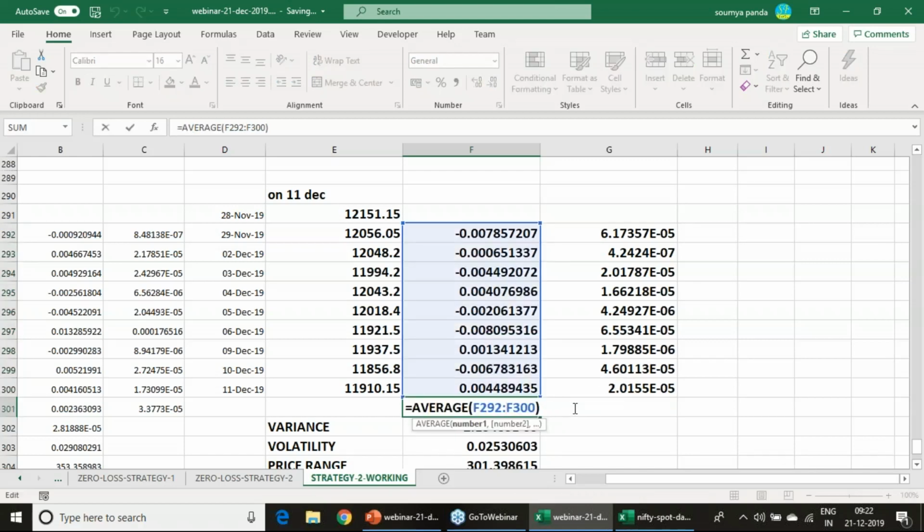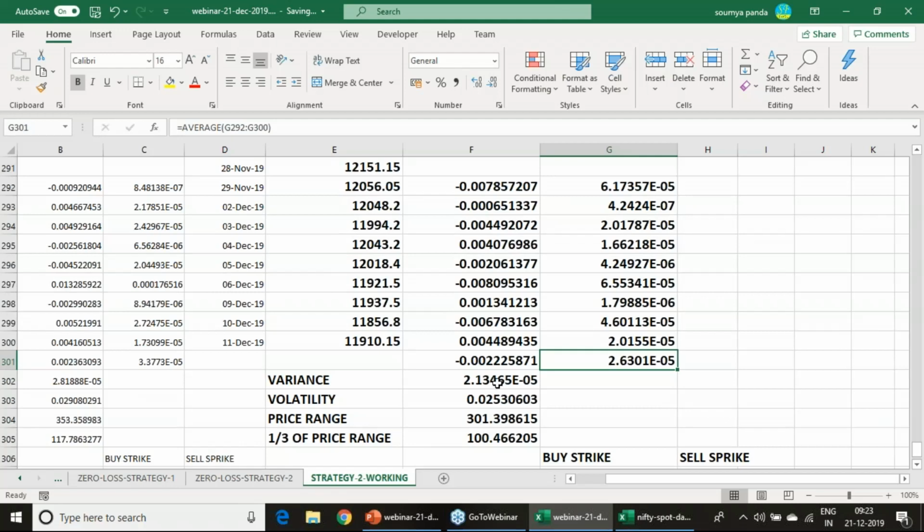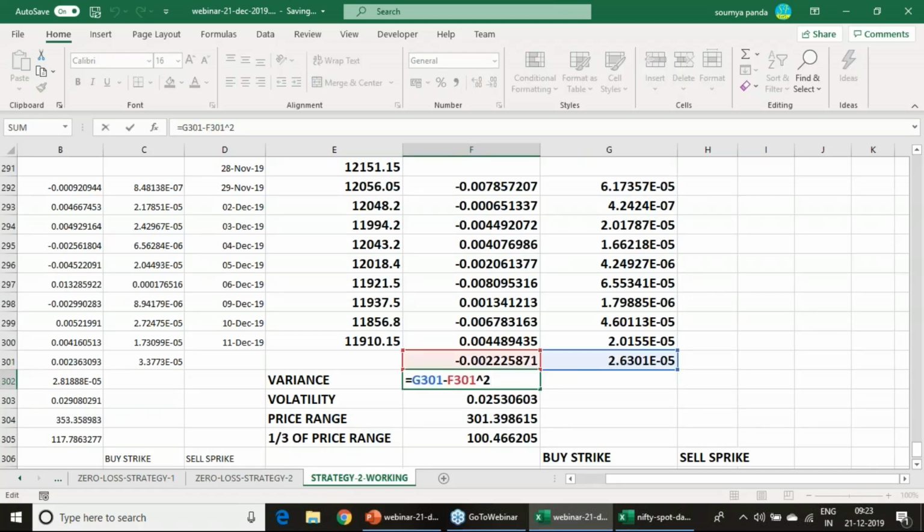Then I took the average of the squared logarithm values. I am calculating the variance from the square average minus the average square. Variance is one of the statistical terms. Then I take the square root of the variance and multiply it with the square root of 30 to get the monthly volatility.